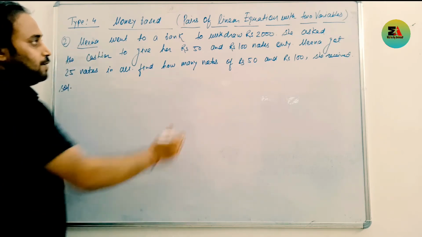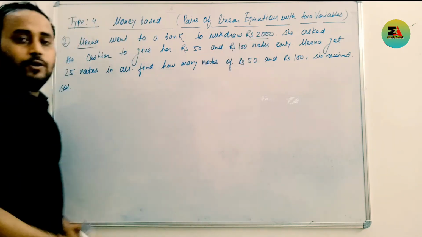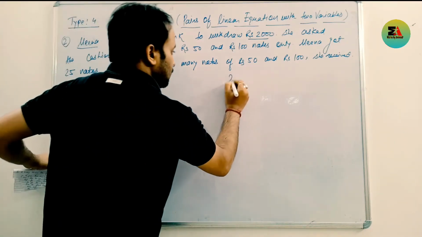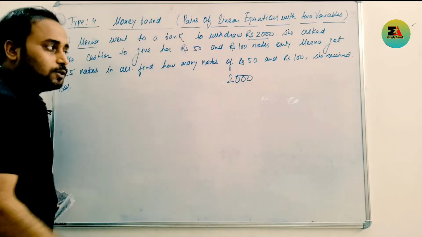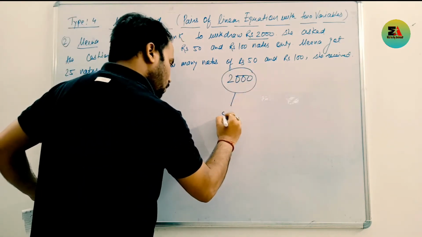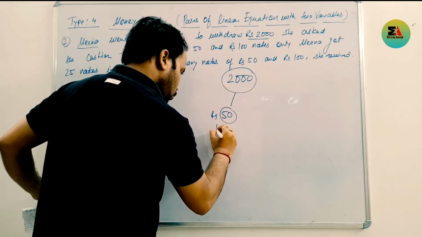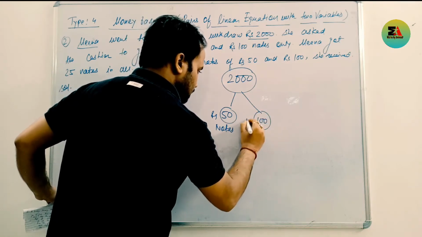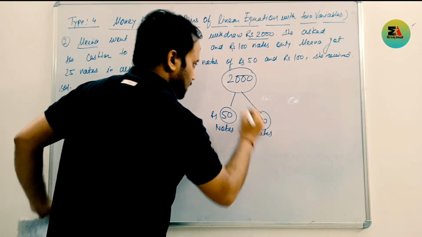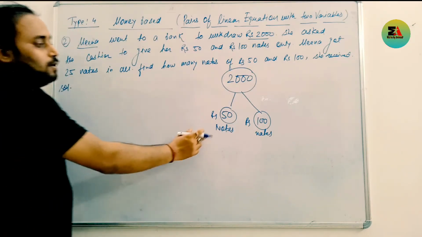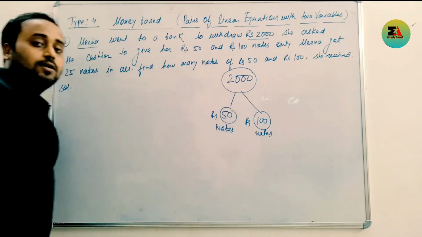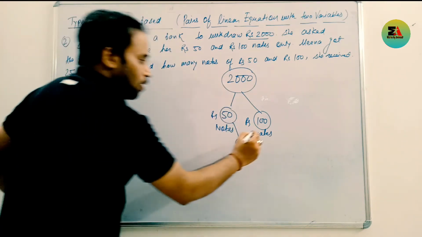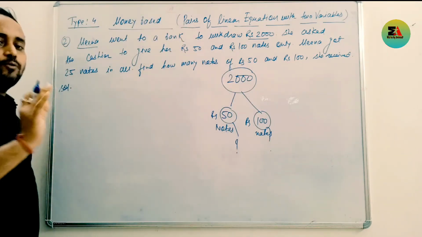Meena is a person. She went to a bank and withdrew 2000 rupees. Clear? She asked the cashier to give this 2000 rupees in the form of 50 rupees notes and 100 rupees notes. We have to calculate how many 50 rupees notes and how many 100 rupees notes there are.